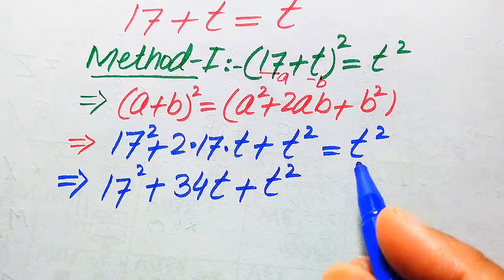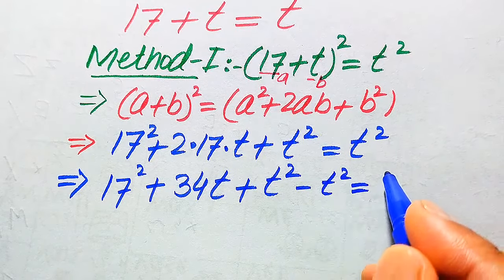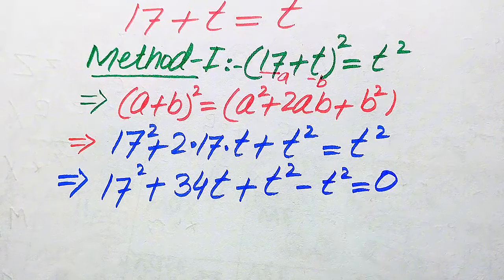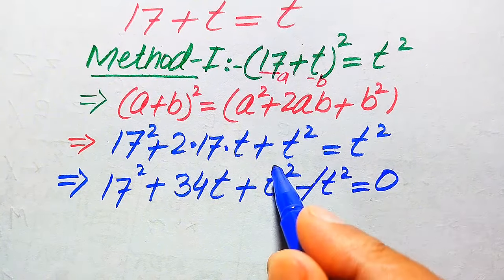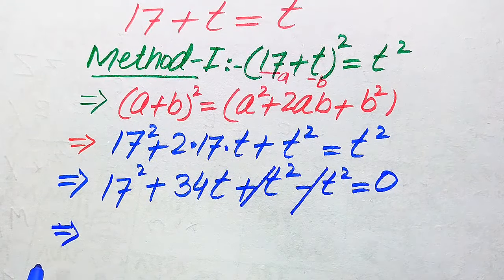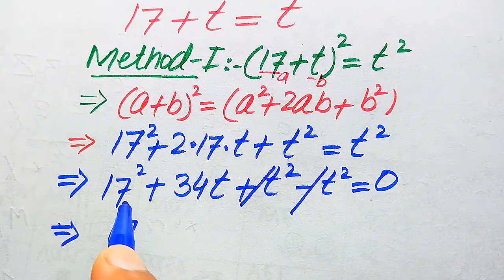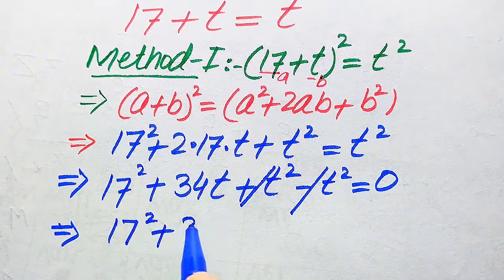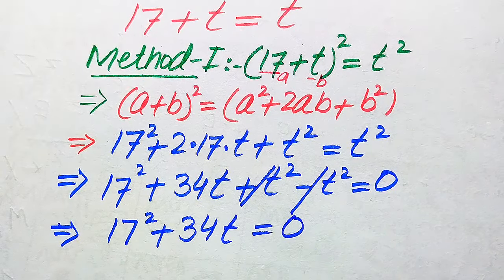And when we move this plus t square to the left hand side, it becomes minus t square, and this whole equation is equal to 0. So this negative t square and this positive t square cancel out each other, and here we will get 17 square plus 34t, and this whole equation is equal to 0.